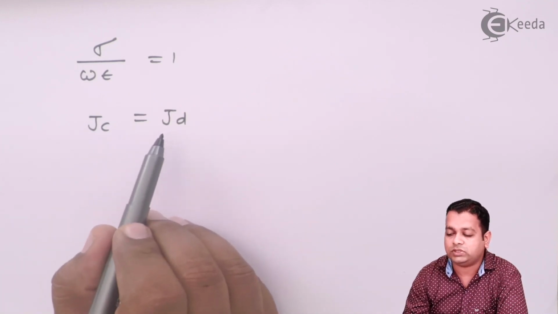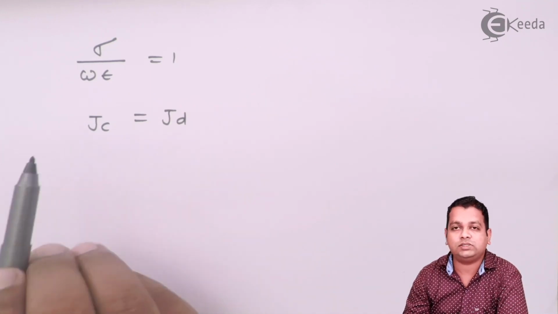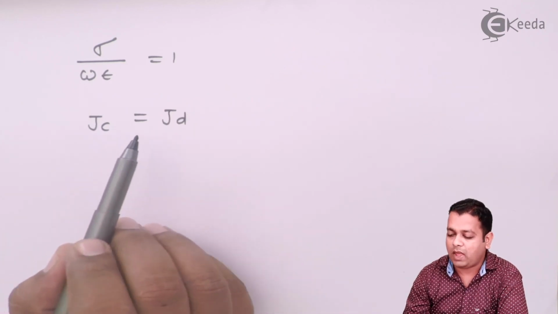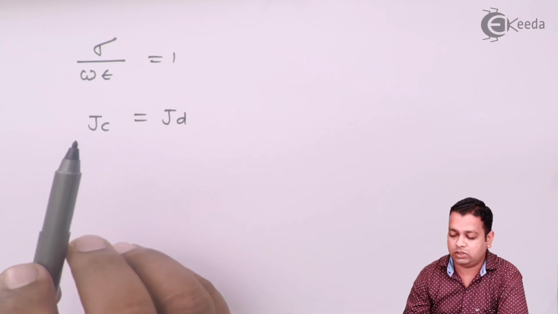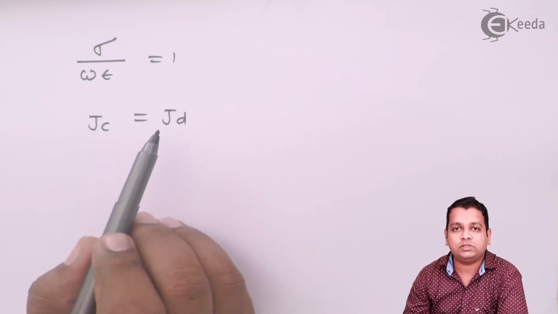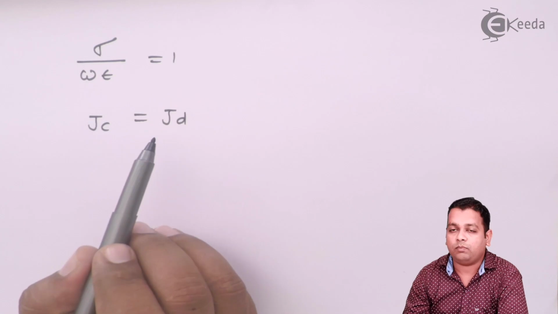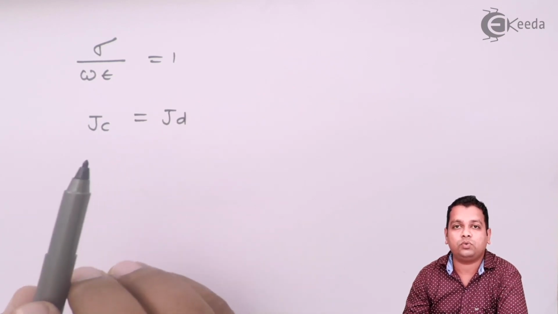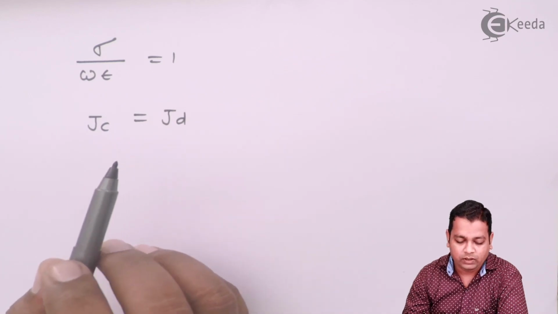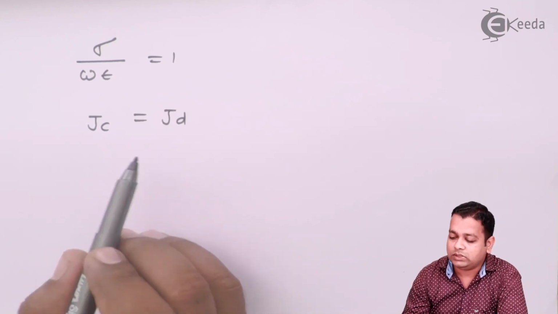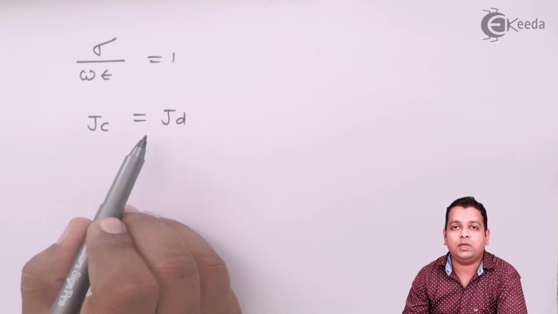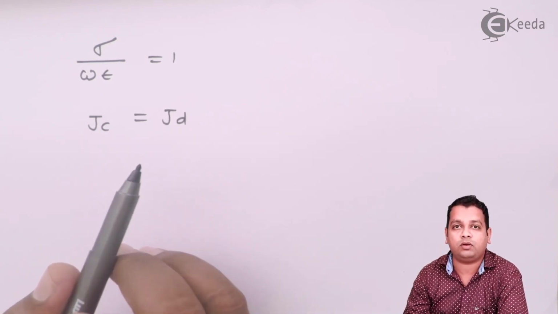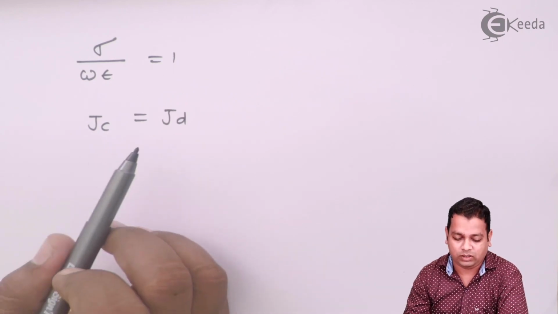If we have J D more than J C, it means the displacement current is more in magnitude with respect to the conduction current. So that means that the material under consideration is a dielectric medium through which only the flux can pass. Therefore, J C equal to J D is the demarcation line which decides whether the given material is of conductive type or dielectric type.